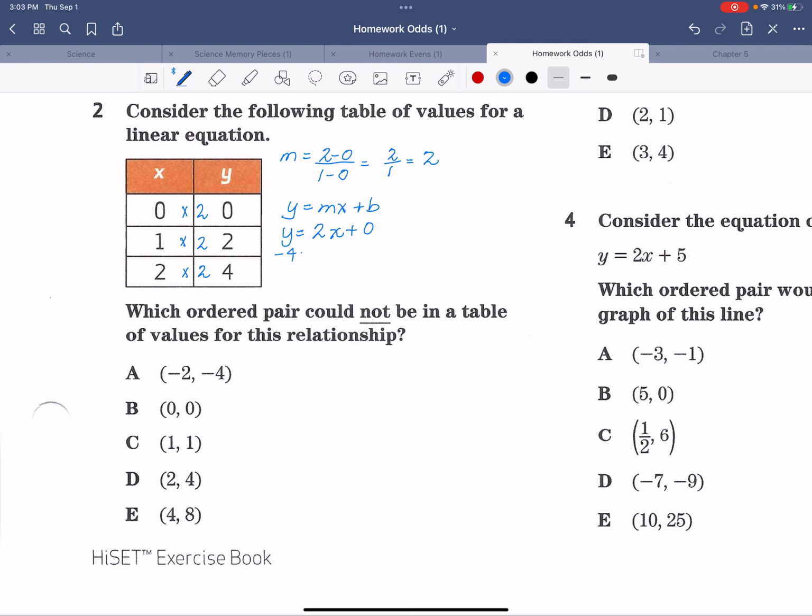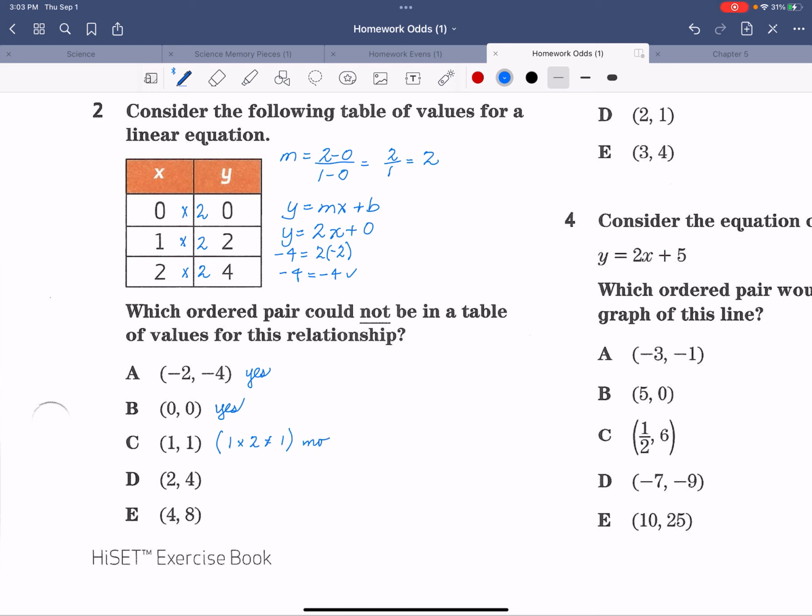So negative 4 equals 2 times negative 2. That is going to be negative 4. So that point would be on the table. 0 times 2 is 0. So that point is part of the table. So that one definitely is in there. Let's check this one. 1 times 2 is not 1.